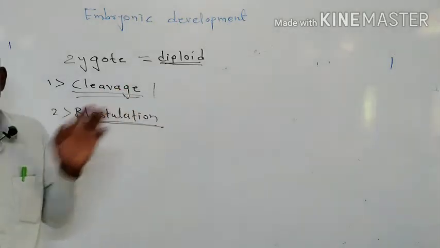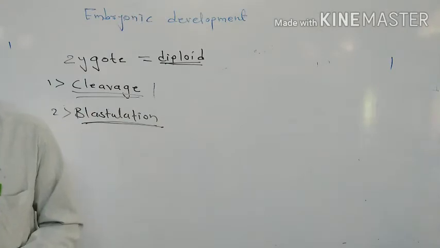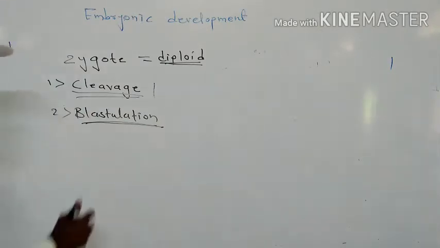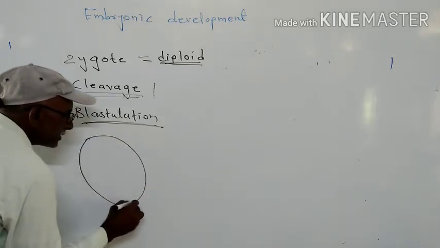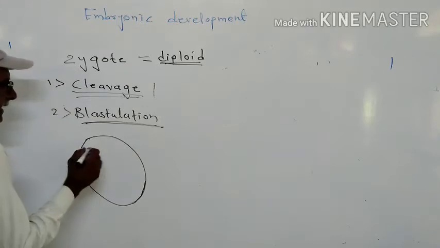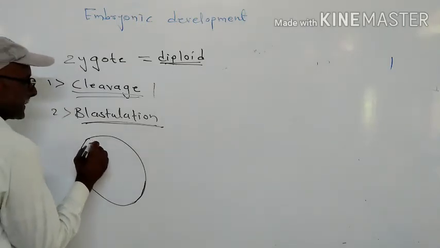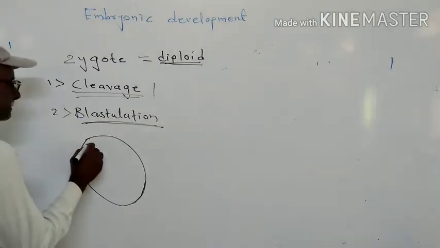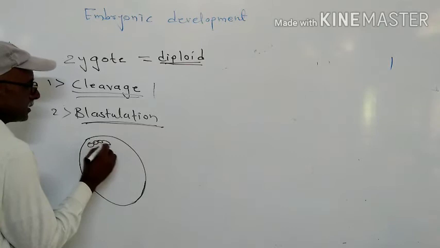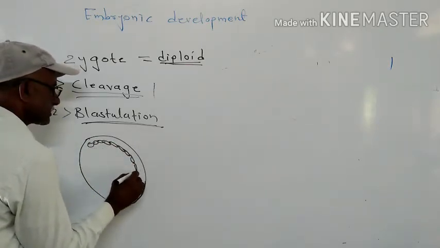In the 32 cell stage of the morula, the size of the cells increases. They are arranged in 2 layers.